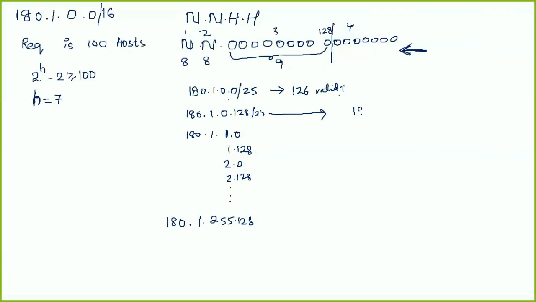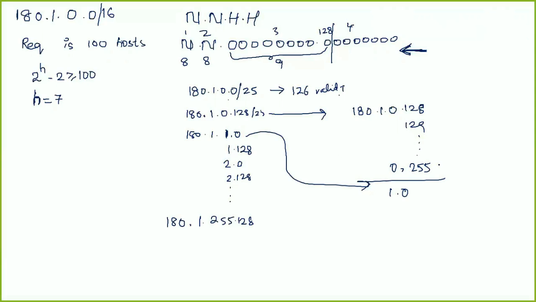It will start from 180.1.0.128, then 129, and so on. You will stop at 0.255, because after that the next network is 1.0. So this will be your broadcast ID, this will be your network ID. Leaving network and broadcast, you will get 126 valid IPs.